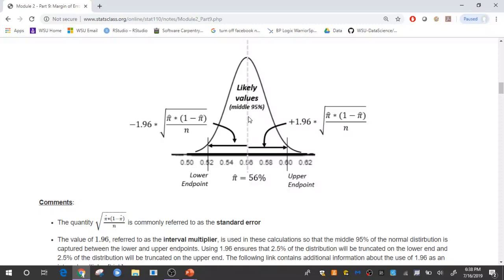When I take the middle of the distribution, pi hat, plus the positive margin of error, I end up with the upper end point of my interval. Here it looks like it's going to be pretty close to 60%. Likewise, for the lower end point, I simply take my proportion that I started with, which is that 56%, and use the negative margin of error to obtain the lower end point.